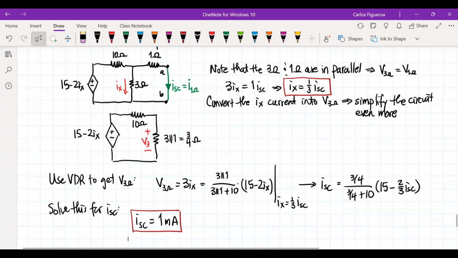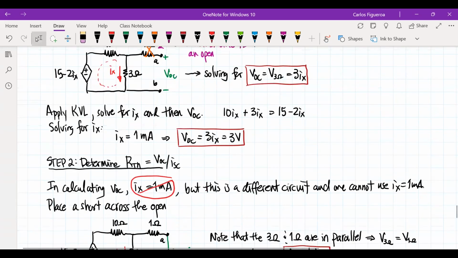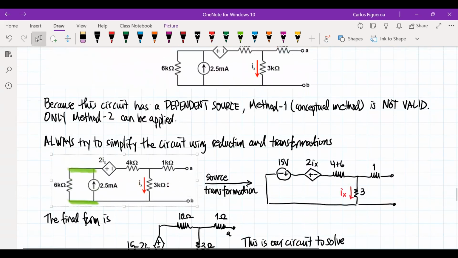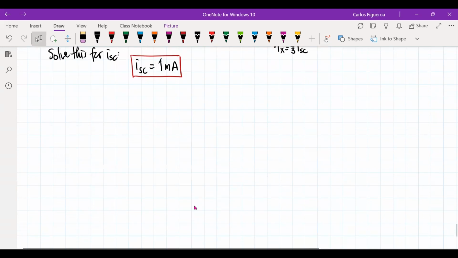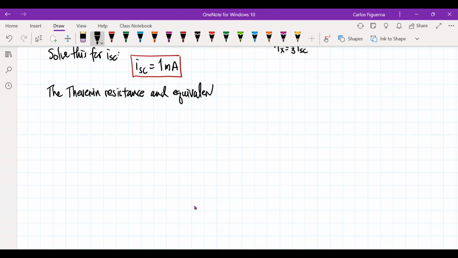So here we go. If I come back up here, let me grab this circuit right here. And if I look down here, I now know the Thévenin resistance for the equivalent circuit.